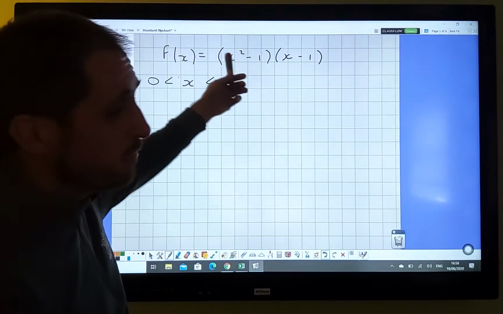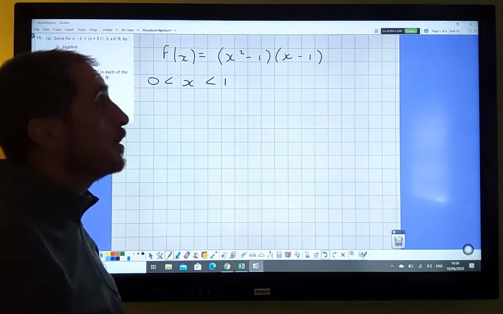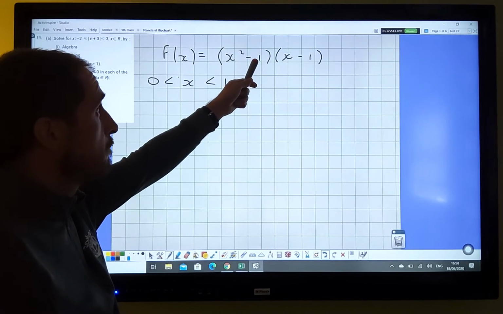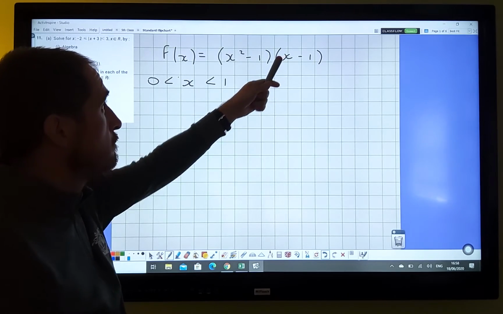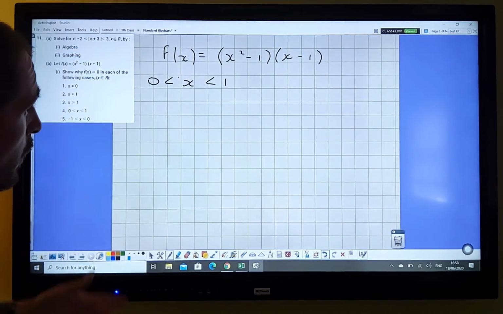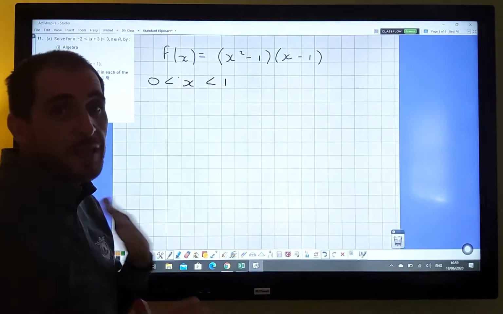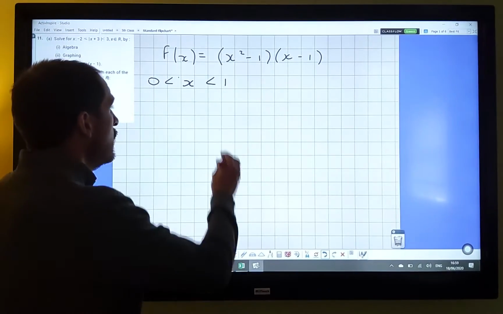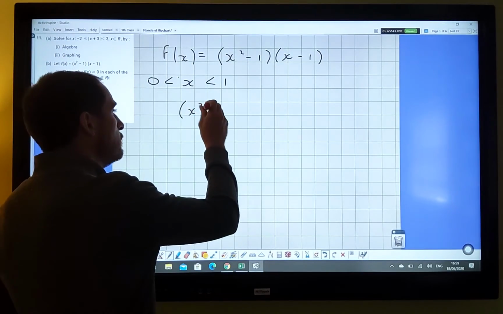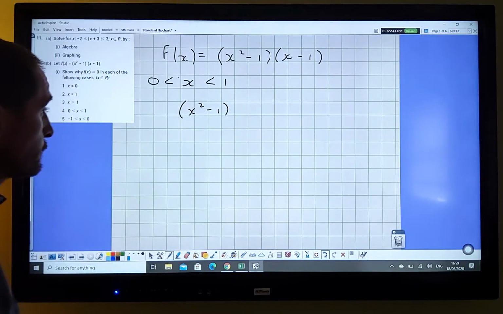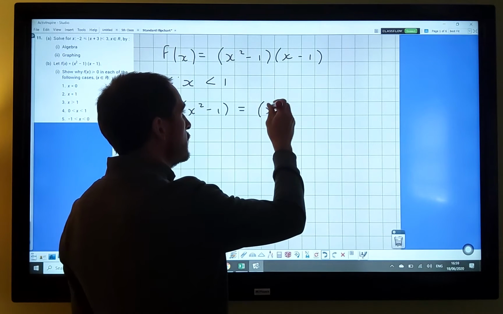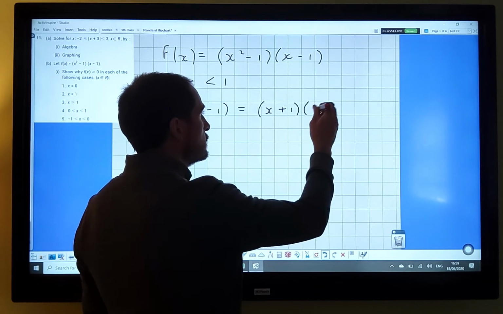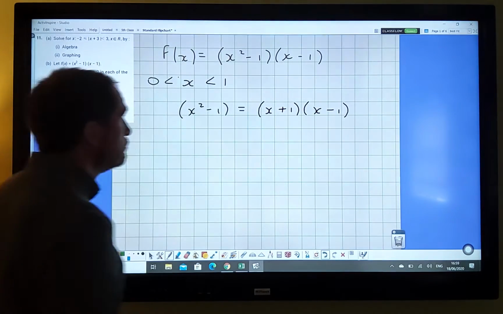If you think 0.5 squared, it's going to be 0.25, so you've got a negative number here and a negative number here. But how do we prove this? The way we prove it for definite, because you can't just pick a number, it has to be for any number, is this: x squared minus 1 is the difference of two squares, so it can be written as (x plus 1) times (x minus 1).